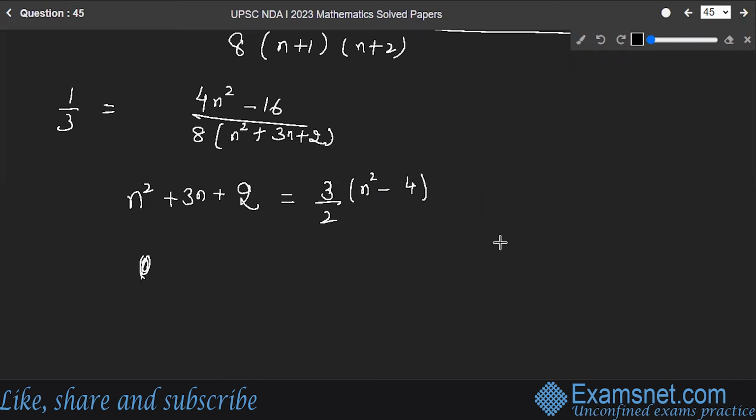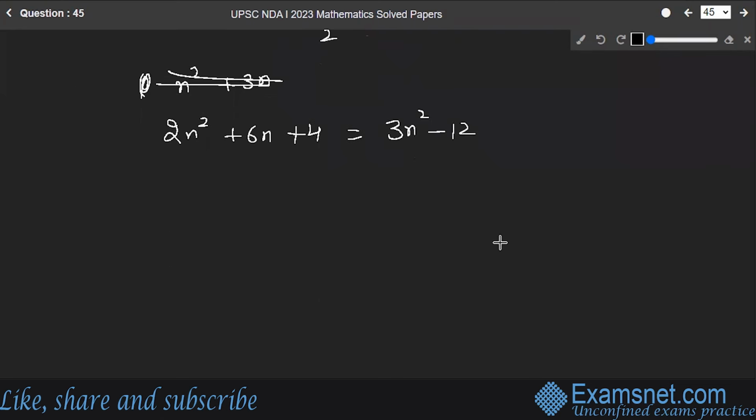So 2n square plus 6n plus 4 is equal to 3n square minus 12, which will give 5n square minus 6n minus 16 is equal to 0. The two factors will be minus 8 plus 2.